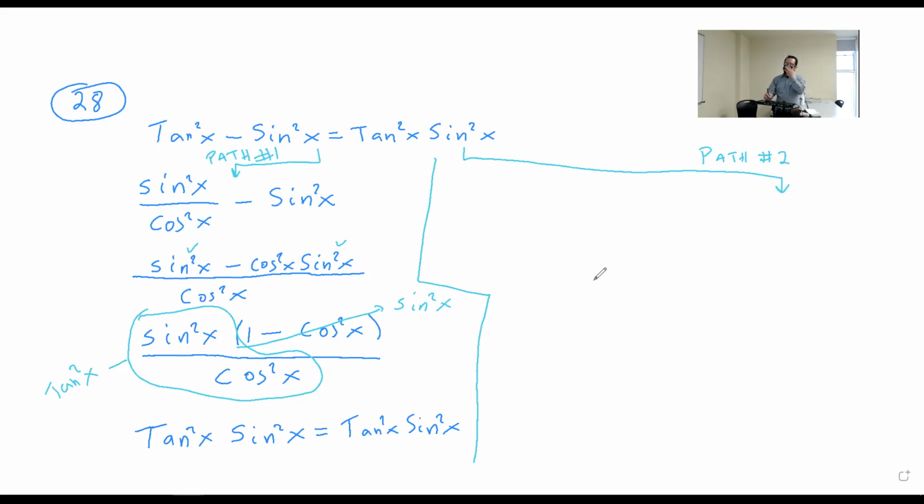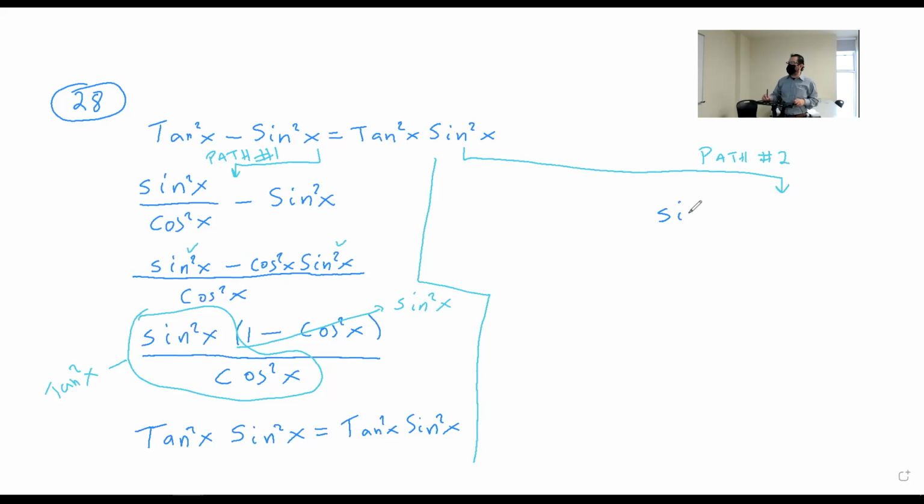So now the other one is working on the other side, and there's a bunch of things we can do there. We could also turn everything into sine and cosine. We can kind of do the inverse of what we did.